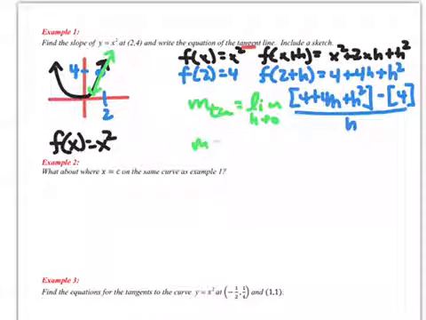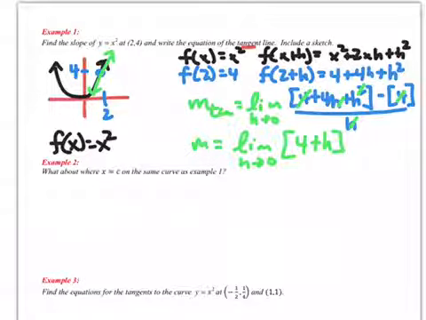The 4's will cancel. There's one h in each of the numerator terms, and the h in the denominator cancels. So you get 4 plus h. And the limit as h goes to 0 of 4 plus h looks like the slope of that tangent line is going to be 4.